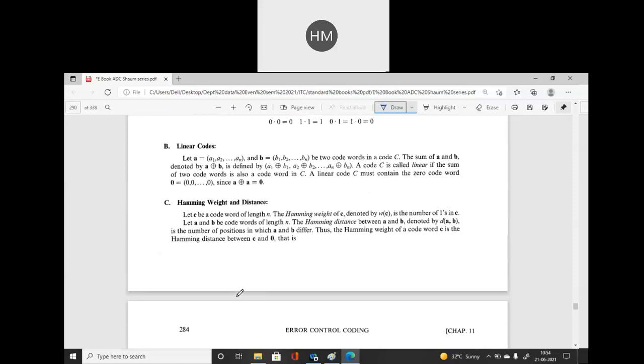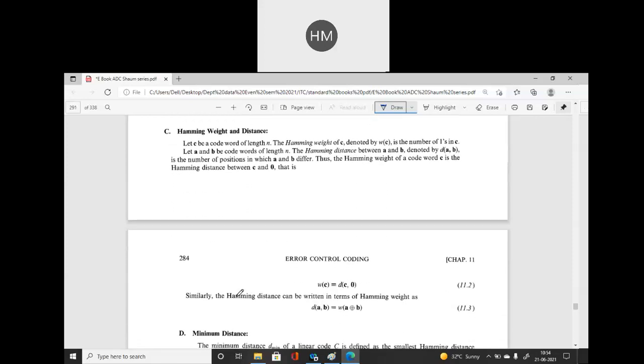Now write down Hamming weight and distance. Next topic, Hamming weight and distance.